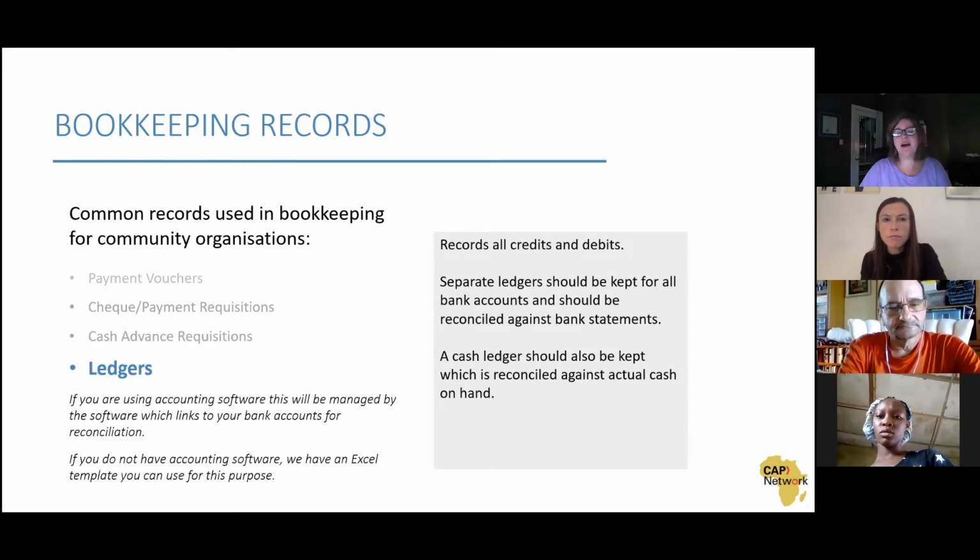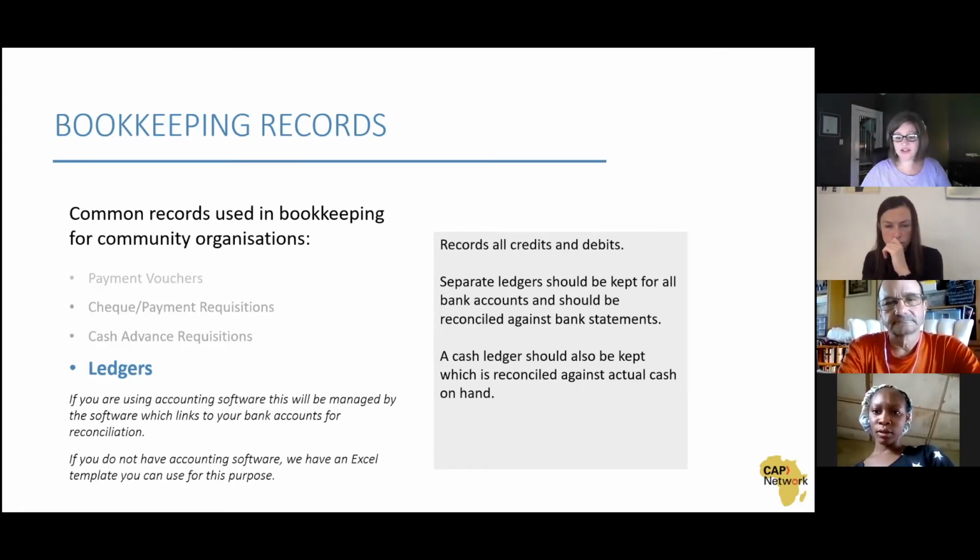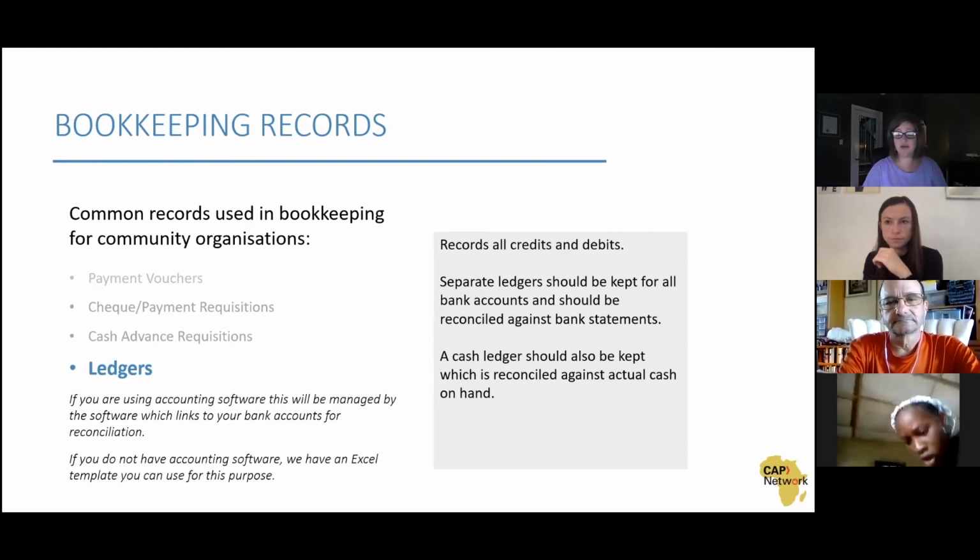When you are managing donor funds, I would suggest, if it's very large amounts of money, it's probably going to make your life easier to have a software accounting system that you use.